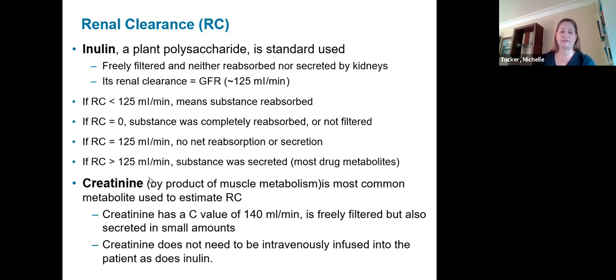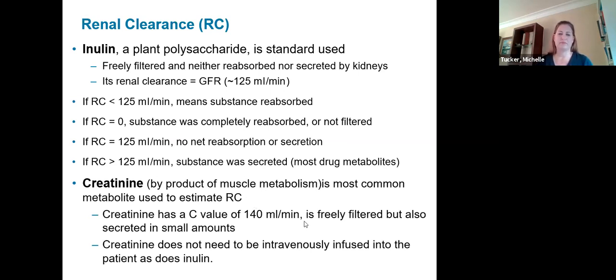So creatinine has a clearance value of 140 mils per minute. It is freely filtered, meaning if it's in the plasma, it ends up in the filtrate in the same concentration. But there is also a small amount that's secreted into the proximal convoluted tubule, so slightly over.